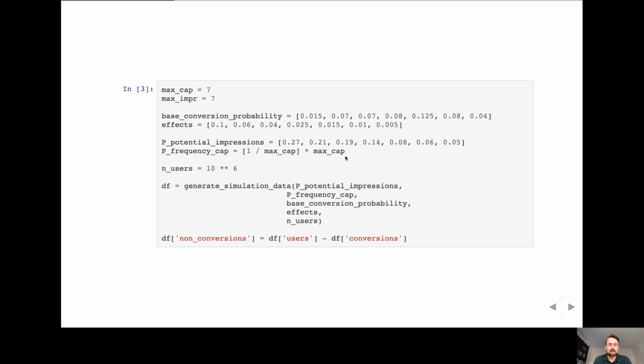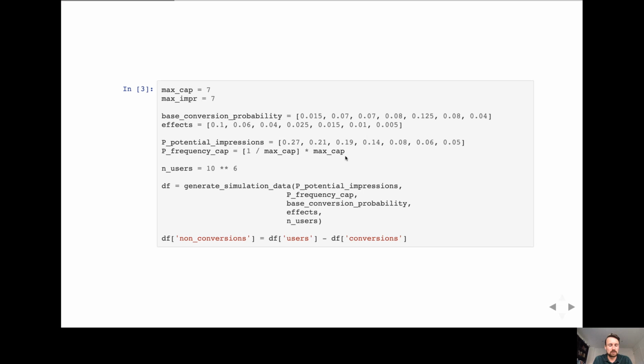This conversion probability is related to the potential amount of impressions a user can get, which is unrelated to the causal effect. So this is the best way of thinking about it. This is the probability that's unrelated to the causal effects we're looking for. Then we have the effects. So these are the causal effects, and these are the exact values that we want to get unbiased estimates for.